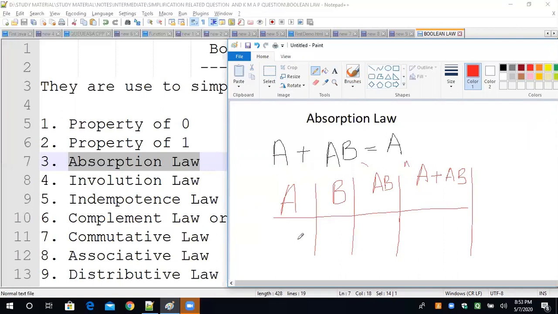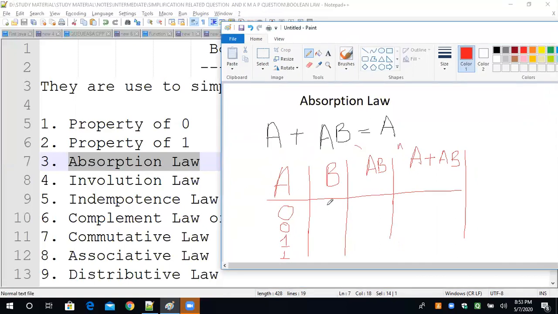So what will be the possible values of A? 0, 0, 1, 1. Now what will be the possible values of B? 0, 1, 0, 1.